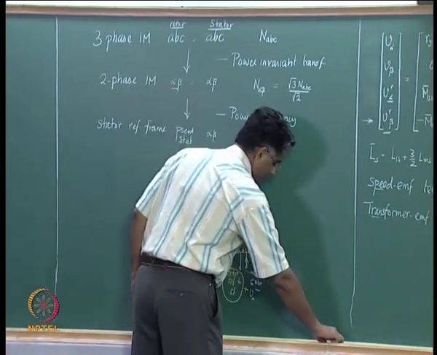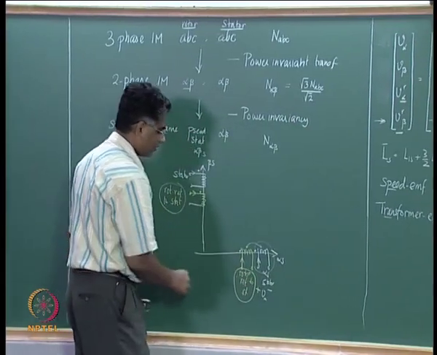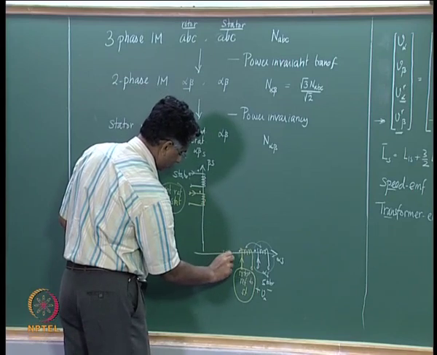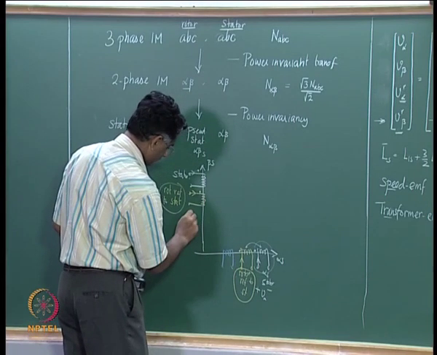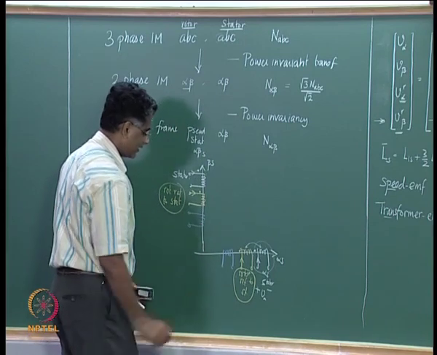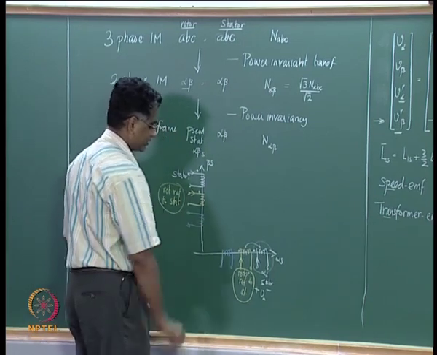Suppose you now have a hypothetical machine, let us say it has one more coil here and one more coil here as well, and let us say that these are again pseudostationary coils.